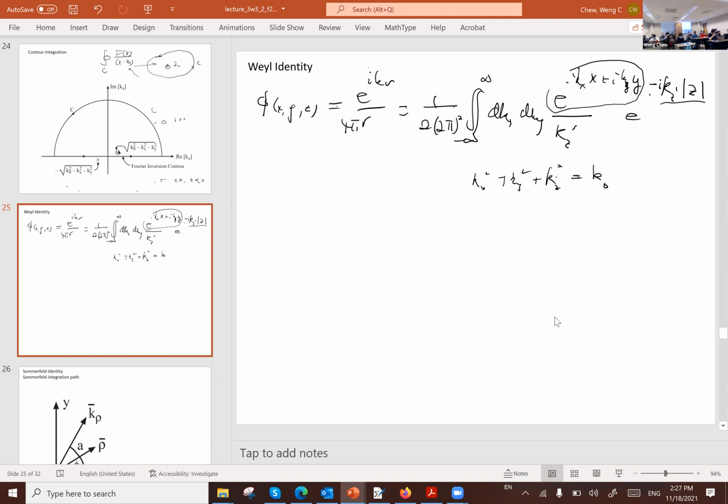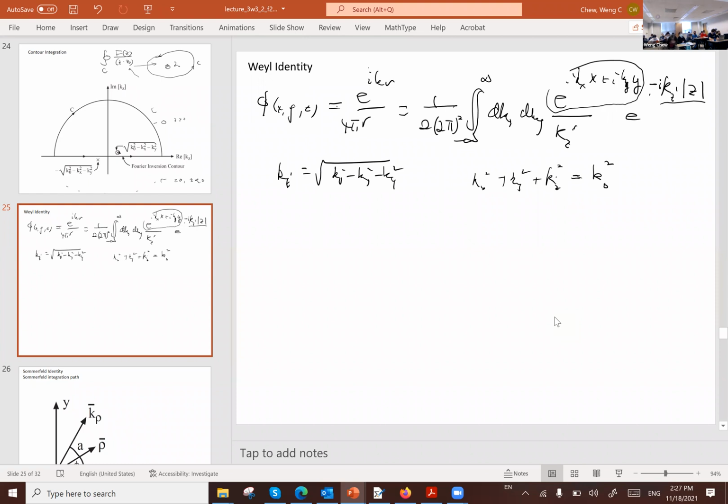But now this thing has to add up to k naught squared, because you remember that kz prime is k naught squared minus kx squared minus ky squared. Now this plane wave is physical. The kz that is associated with this plane wave is that of a physical plane wave, because this plane wave satisfies the dispersion relationship. Can you see that? So this is something very important.